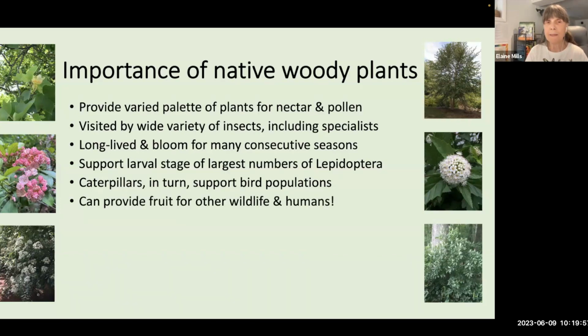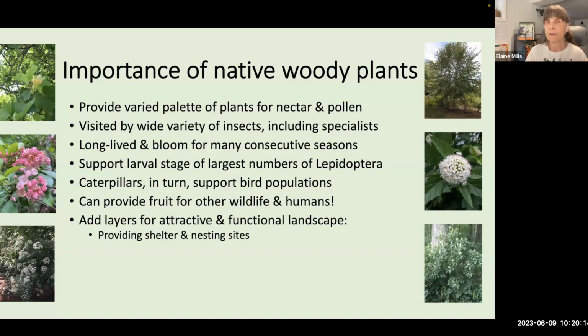Our woody plants can additionally provide fruit for other wildlife and for us. And by introducing woody plants, you're adding layers to your garden to make it more attractive and to create a more functional landscape. You're going to provide shelter and nesting sites, especially for the birds that are going to feed and nest in plants at different levels.